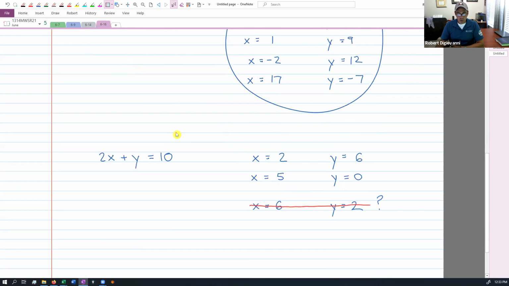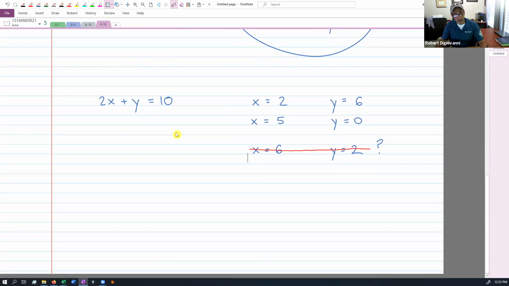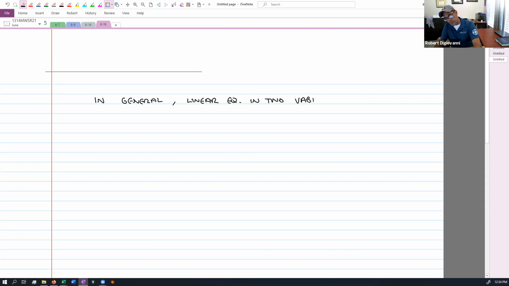Okay, so when you have a linear equation, let me get you a new page. In general, a linear equation in 2 variables can be written as some number in front of X plus some number in front of Y equals some number.